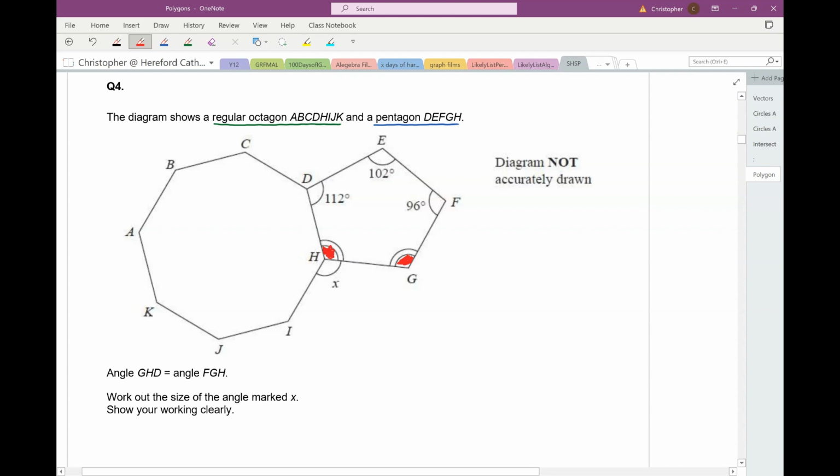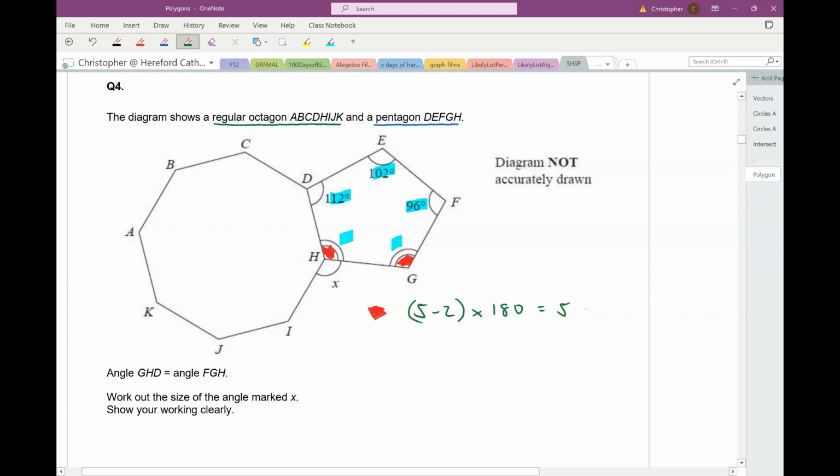Well, I could start off, I think, by finding the red angle. So I'll put a little red angle here to show that I'm finding the red angle. Now, those two red angles are the same, and they're both inside that pentagon there. I know these angles are interior angles of the pentagon, and so are those two. I know what all those have to add up to, of course. It's a pentagon, 5 sides, so 5 minus 2, 3 times 180.